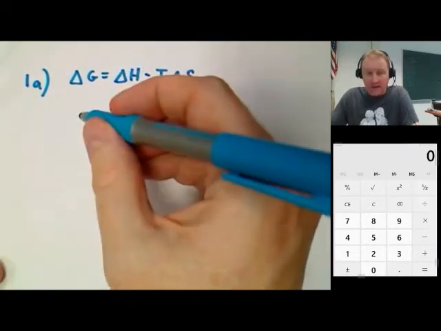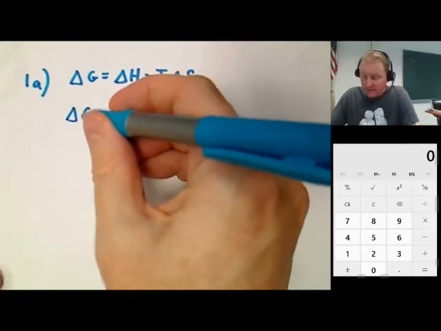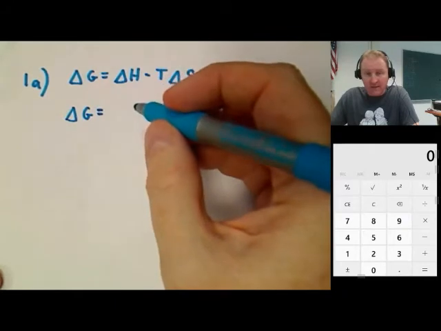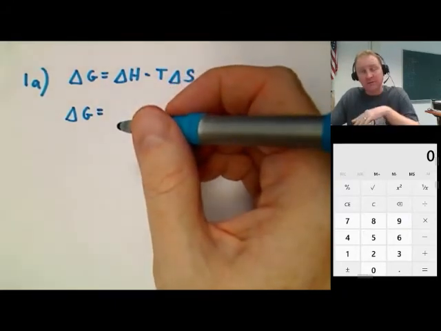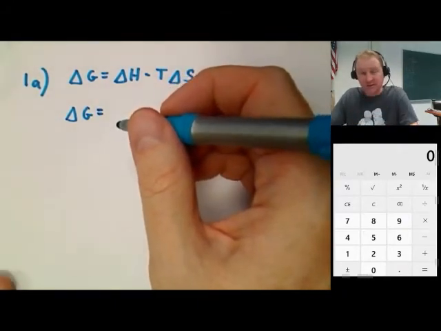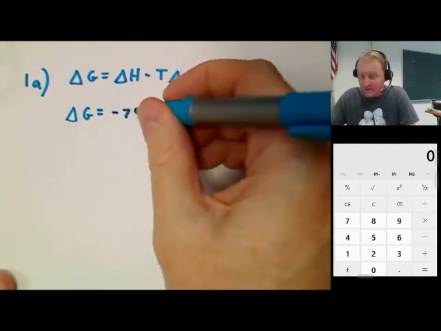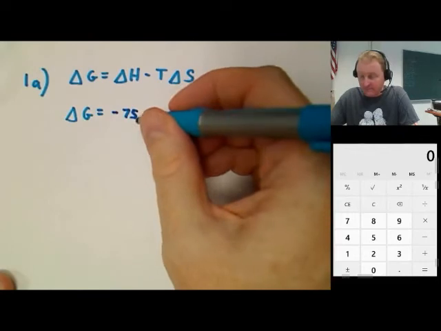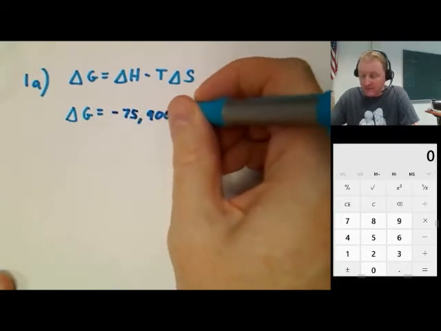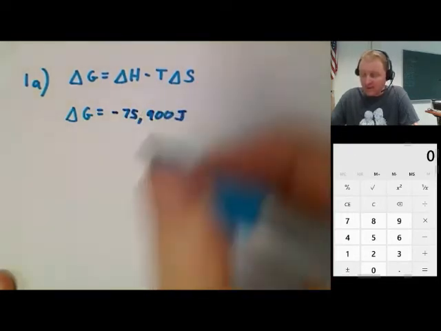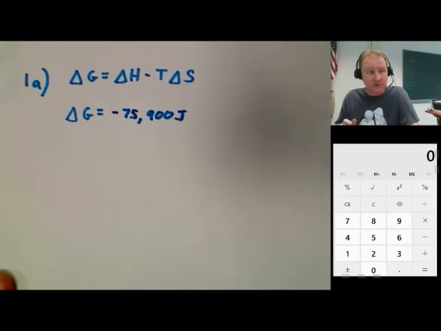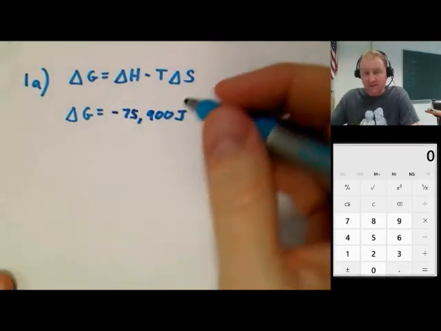For 1A, we have the enthalpy. Remember, we have to move the decimal place over 3 times because it's in kilojoules. It gave it to us in kilojoules, so I'm going to convert this right into joules. So it's negative 75,900 joules. That's our enthalpy. I had to convert the kilojoules to joules by multiplying by 1,000.